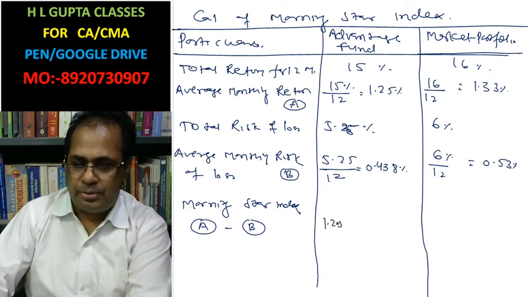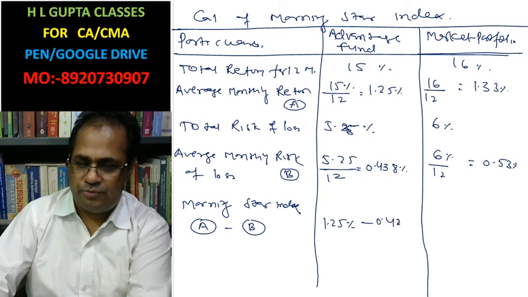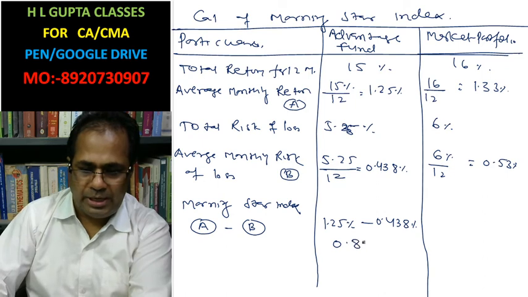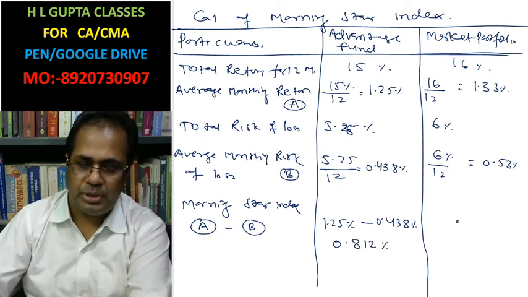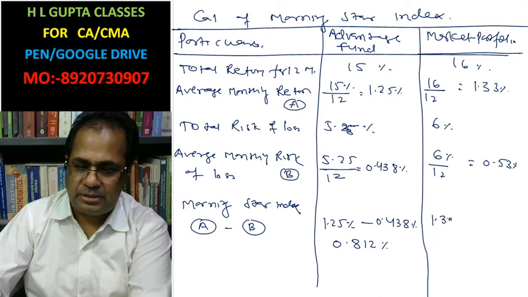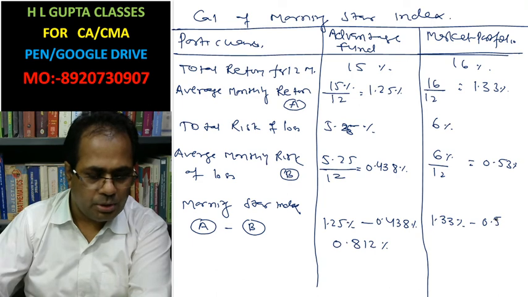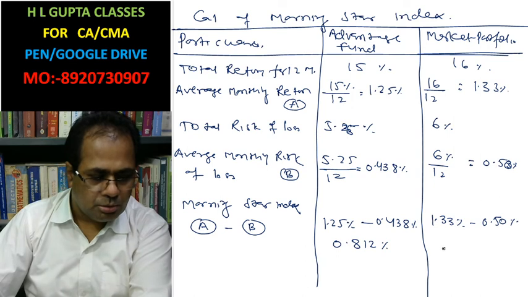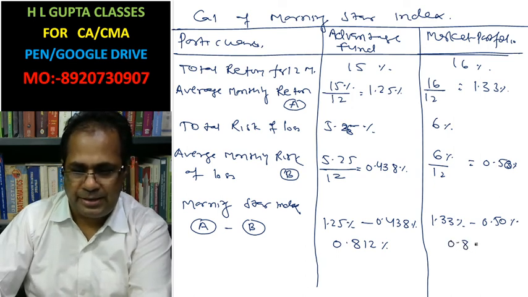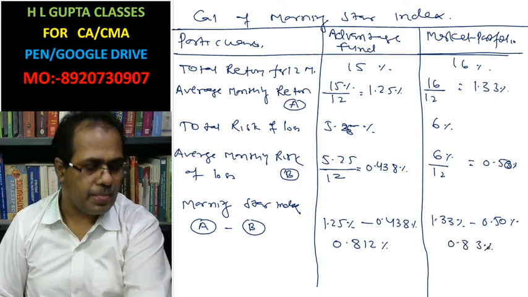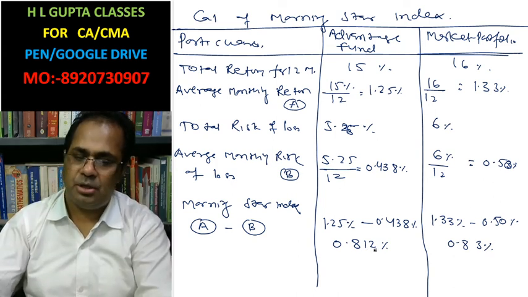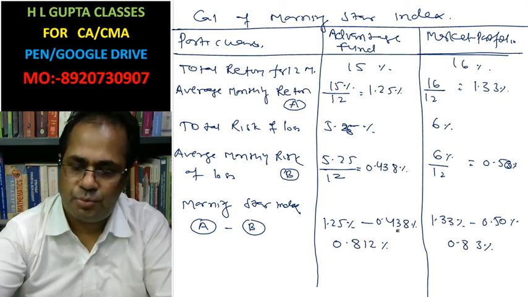This is 1.25% minus 0.438%, which is 0.812%. And 1.33% minus 0.50%, this is 0.83%. Now, in this case, this is lower and this is higher. The market portfolio Morningstar index is higher.